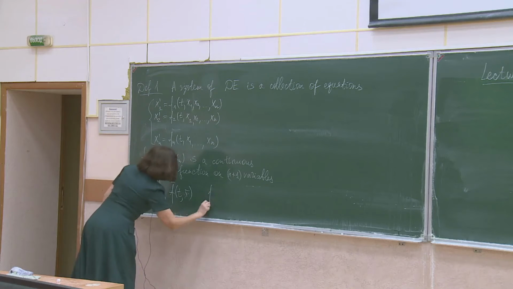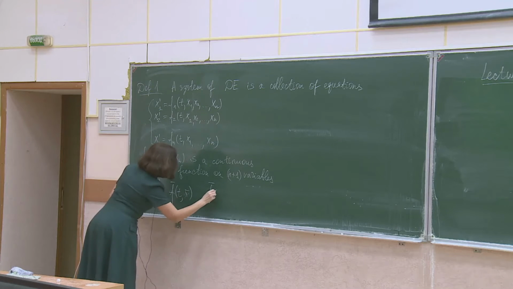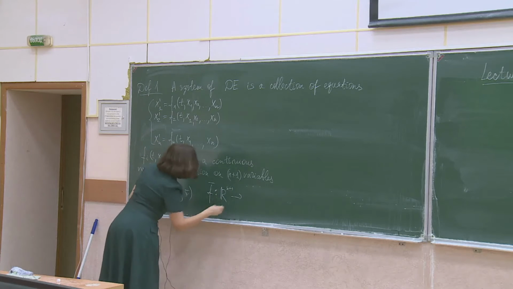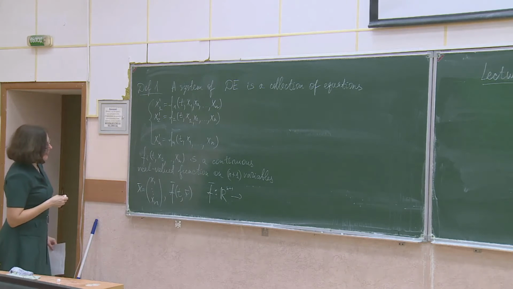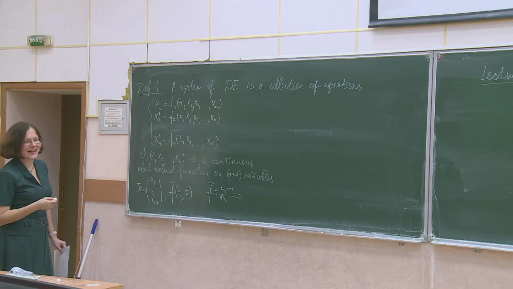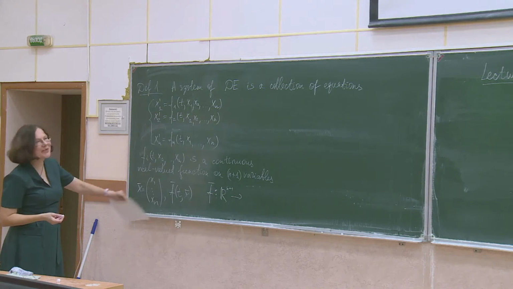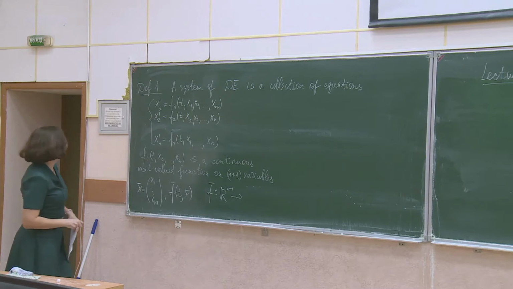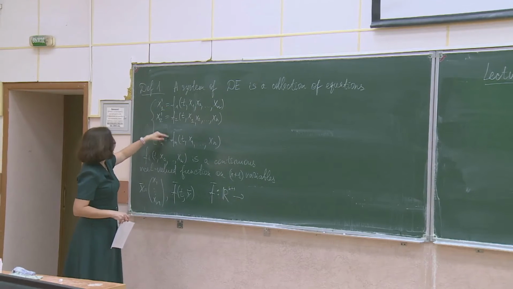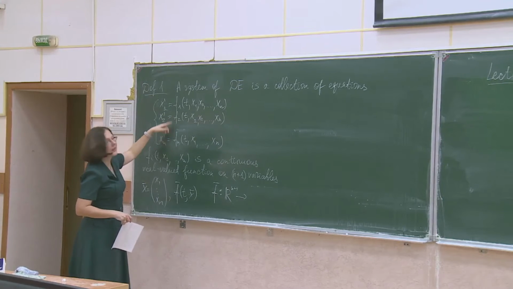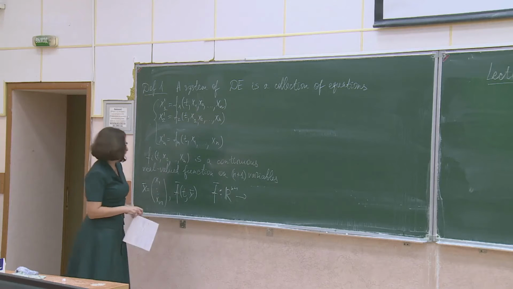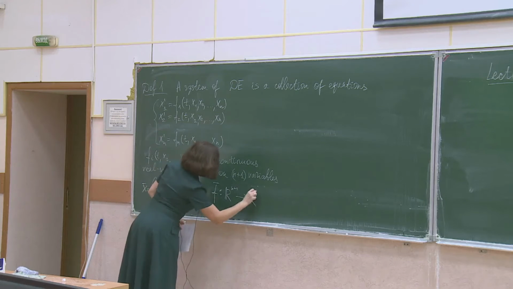So now we can see that f is from R^(n+1) to which space? What is the dimension of the space? The image of this function f is n-dimensional. You can see that there are n components, right? n coordinates of our vector f. So to R^n.